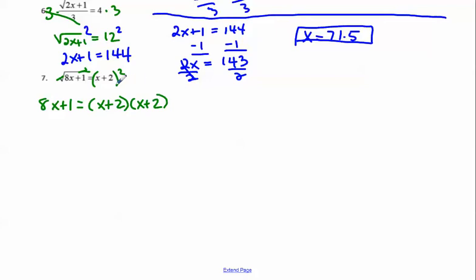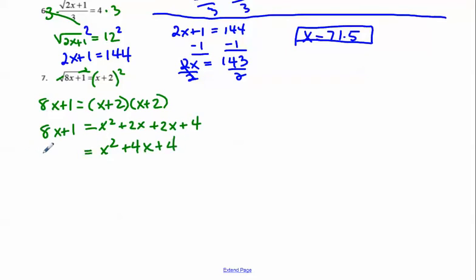So then when you multiply it, x times x is x squared. x times 2 is 2x. 2 times x is another 2x. And 2 times 2 is 4. So 8x plus 1 equals this. These two combine to give you 4x, so I have x squared plus 4x plus 4.